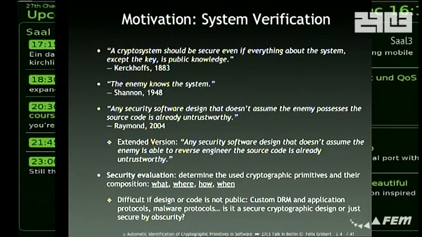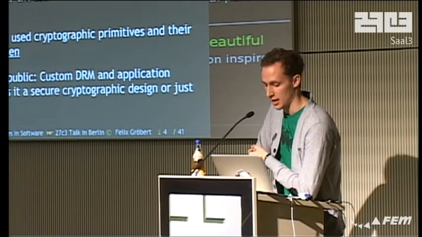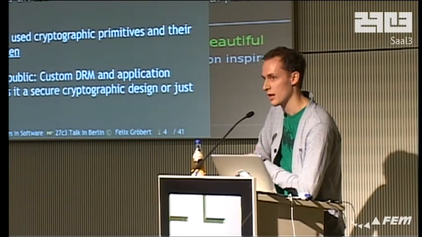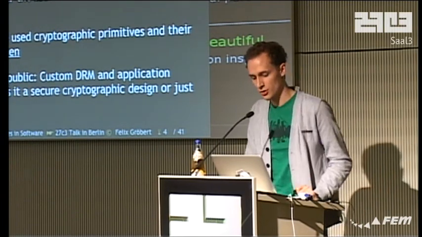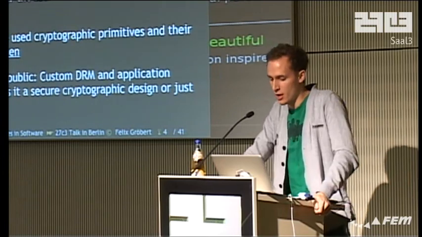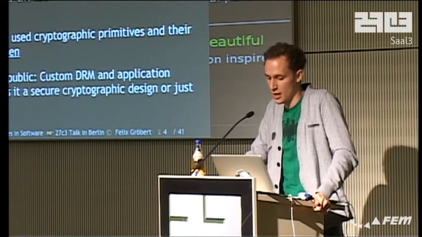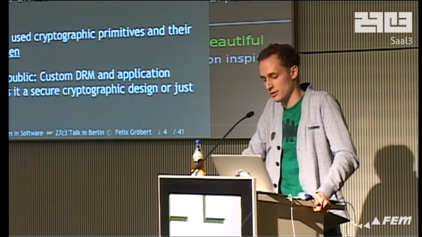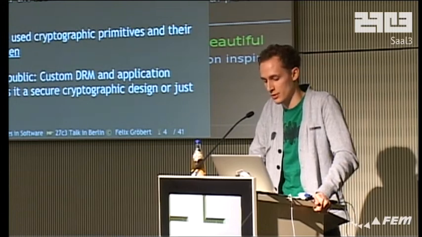And I would say you can extend that, because you don't really need access to the source code; you can also reverse engineer it. So every design which doesn't assume that you have the source code, or are able to reverse it, is already flawed. In a security evaluation, one has to find out whether the system is a secure cryptographic design, and therefore as an analyst you have to find out what kind of crypto is used, where it is used, when it is triggered, where it is located in memory, and so on.